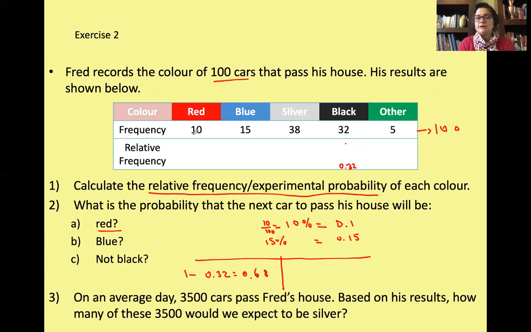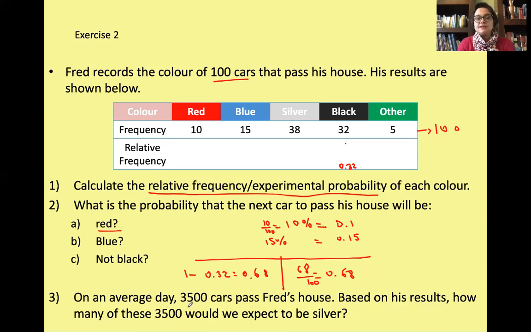Or for not black, that means it's going to be red or blue or silver or other. So you can add all of them together, 10 plus 15 plus 32 plus 5, and the answer is going to be 68 over 100. Of course, we are going to have exactly the same answer as when we use the complement method.